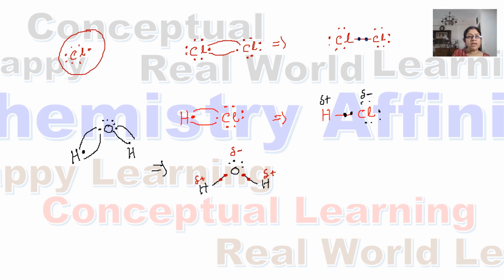If chlorine accepts 1 electron, chlorine becomes Cl minus and fulfills the octet. So it gives chlorine a stable electronic configuration, and that's why it releases energy. Releasing energy means minus heat, we can write.